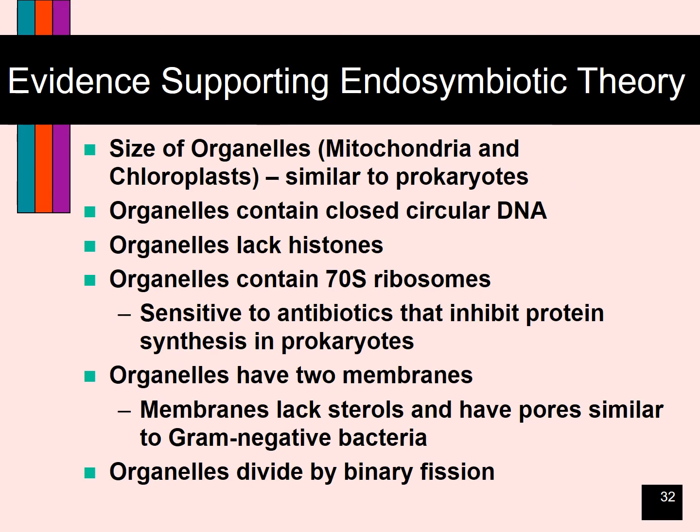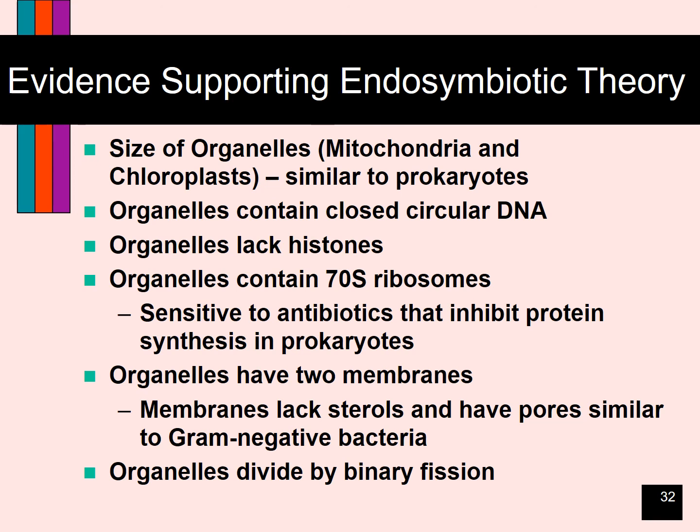This is just a partial list of evidence supporting the endosymbiotic theory. For example, the size of the organelles, the mitochondria and the chloroplast, is similar to prokaryotes. Their DNA is not linear DNA, it's closed circular DNA like in prokaryotes.